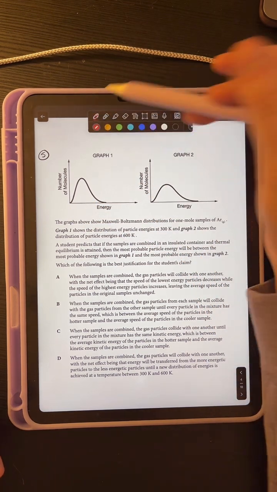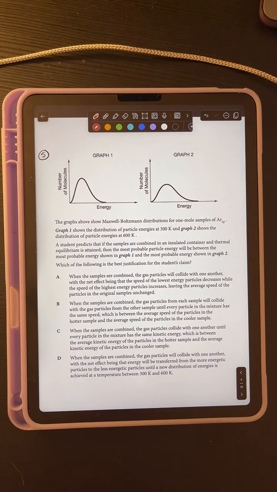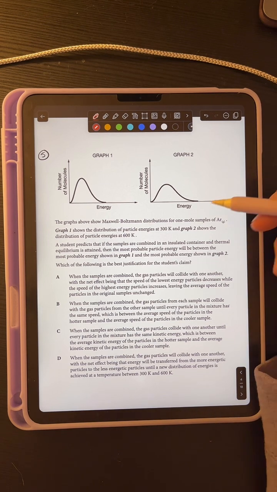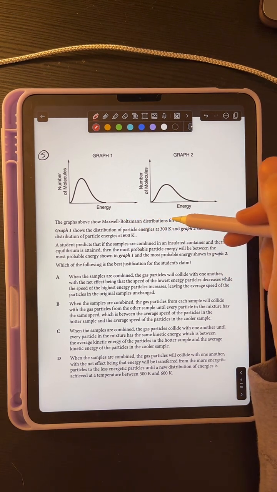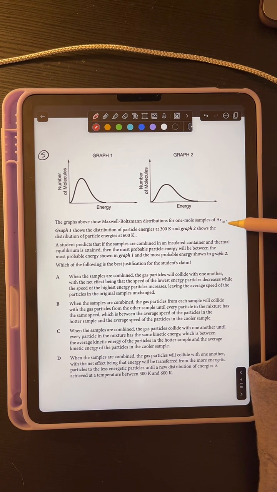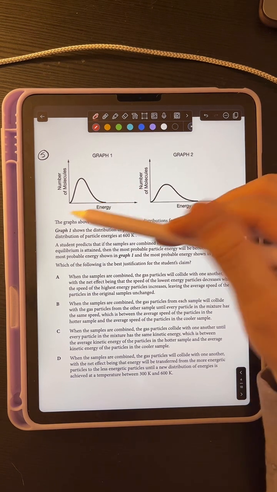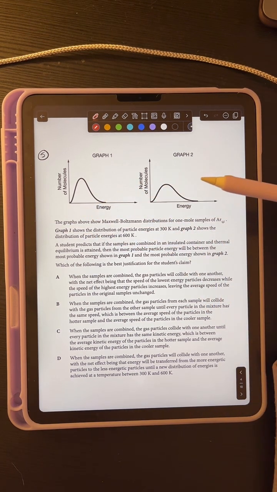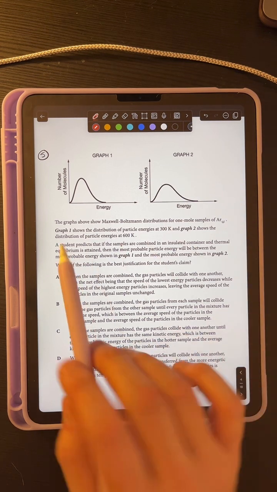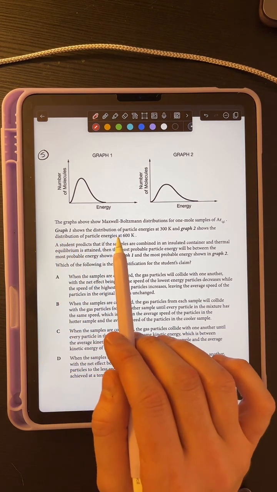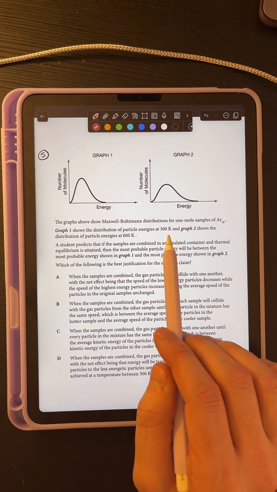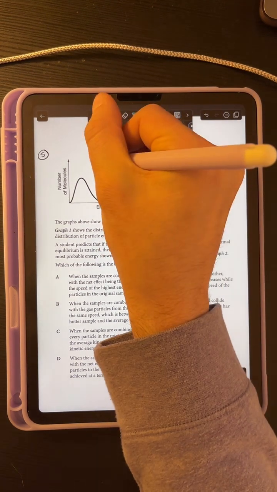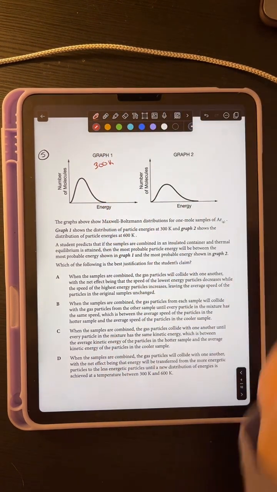But let's go ahead and read the question and see what's actually asking. So the graphs above show the Maxwell-Boltzmann distributions for 1 mole samples of argon. This is what we call Maxwell-Boltzmann or just Boltzmann distributions. Graph 1 shows the distribution of particle energies at 300 Kelvin. So I'm going to write that right here, 300 Kelvin.